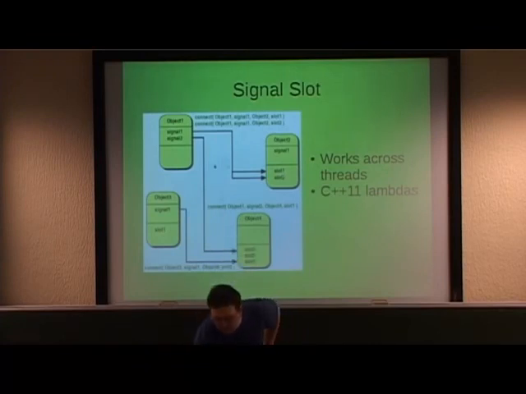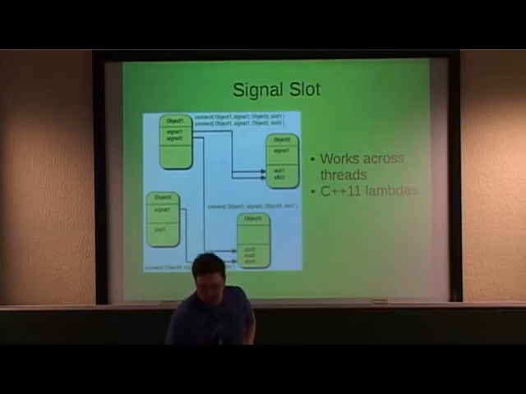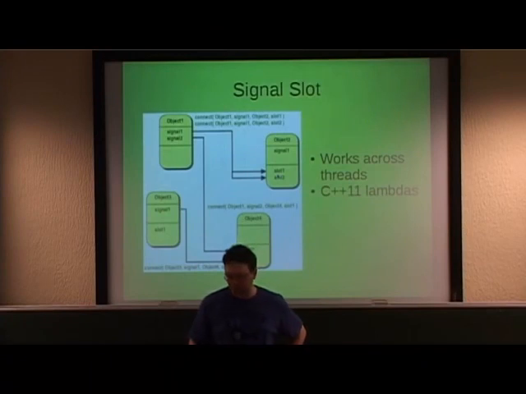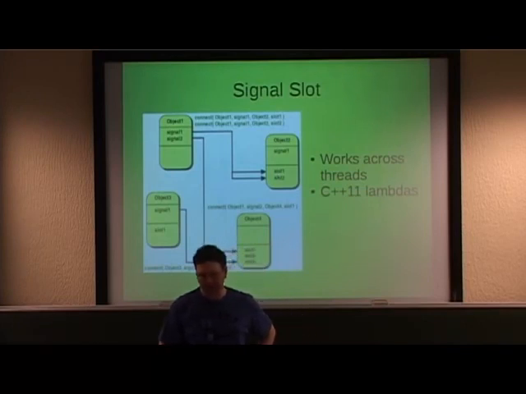So maybe object 1 has a signal valueChanged with an int parameter, then all connected methods with an int parameter are called, and that parameter is passed to them. And the nice thing about that is that it works across threads.